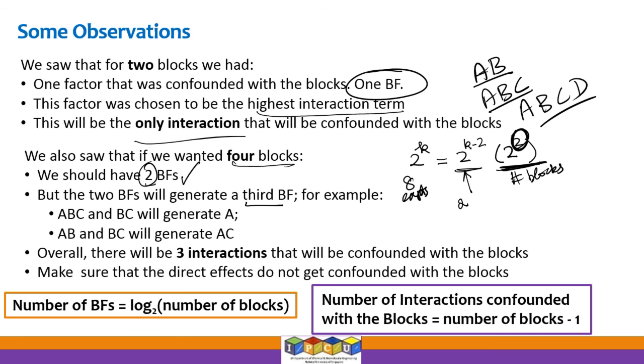All right, so the situation gets really interesting. But just sticking to this, doing it in 4 blocks, the 2 basic blocking factors will generate a third one. For example, ABC and BC will generate A, which will be the third blocking factor.